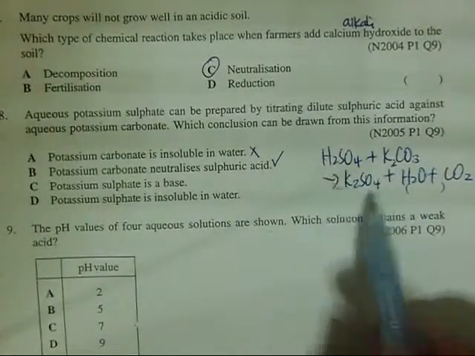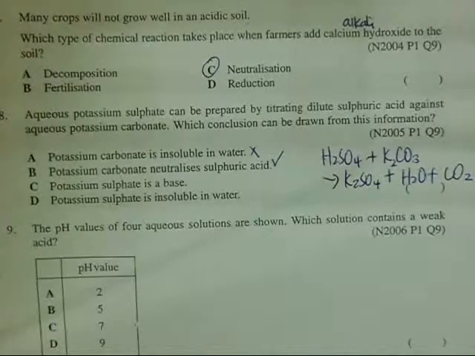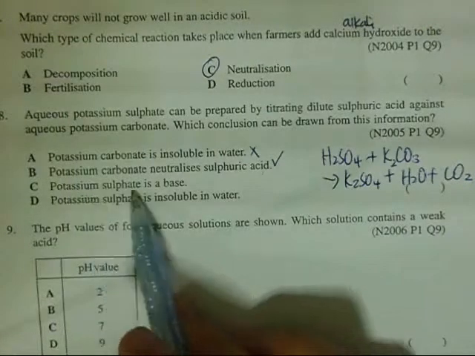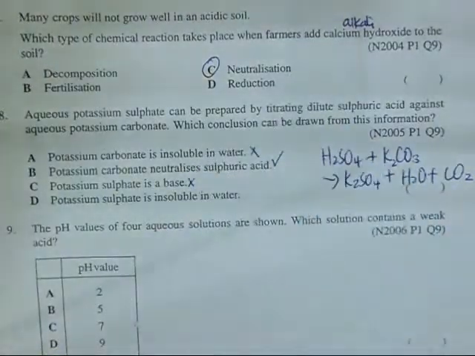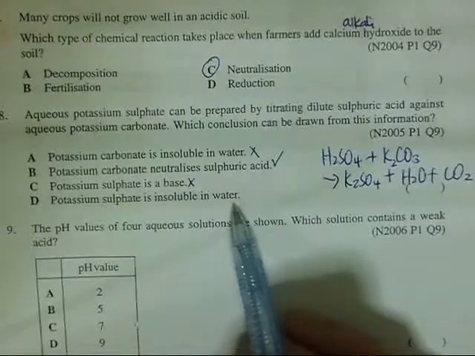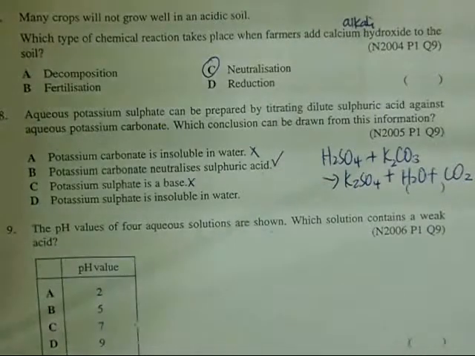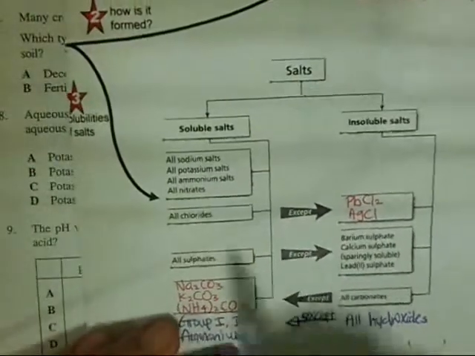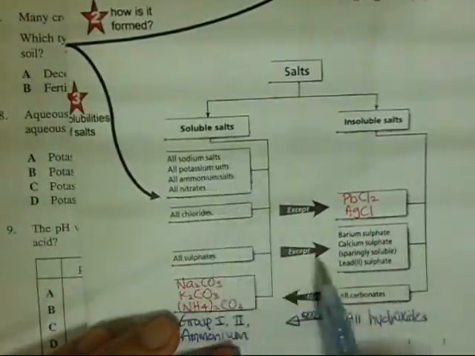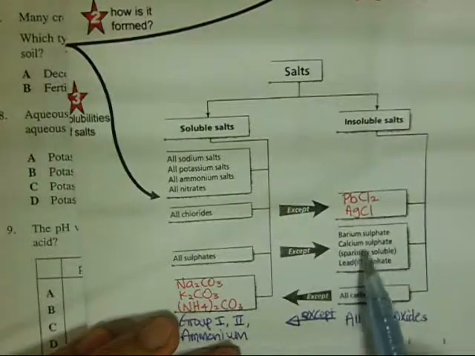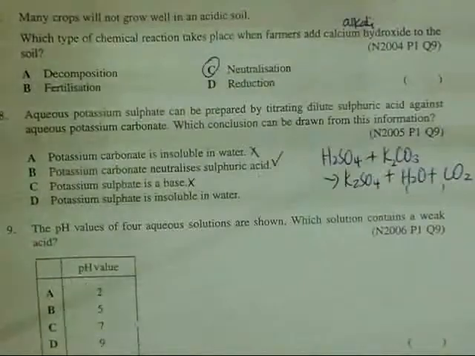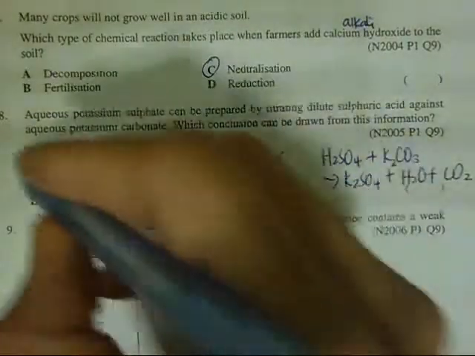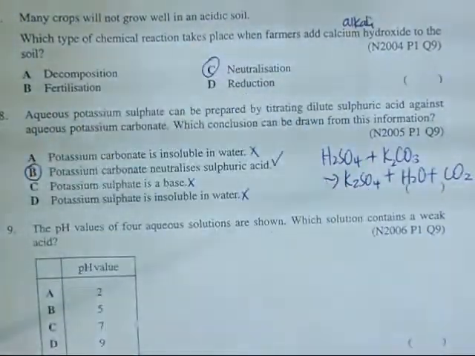Carbonate and acid, you get something neutral, so that is called neutralization. Potassium sulfate is a base, cannot be. Potassium sulfate is insoluble in water? All sulfates are soluble in water from your solubility table, except these three, and potassium sulfate is not any one of these three. So this is wrong. So the answer is B.